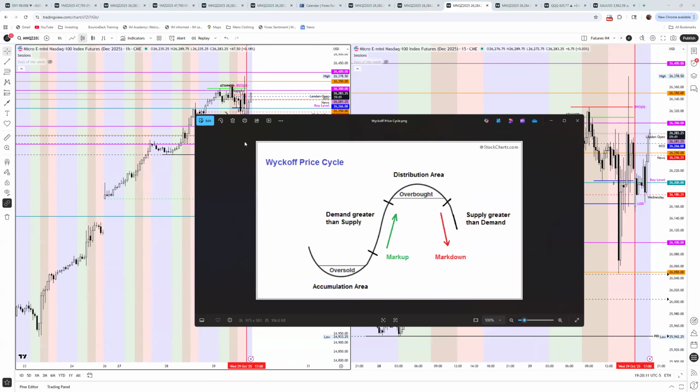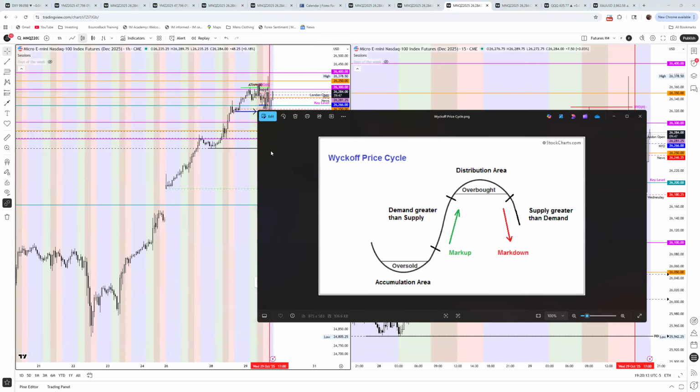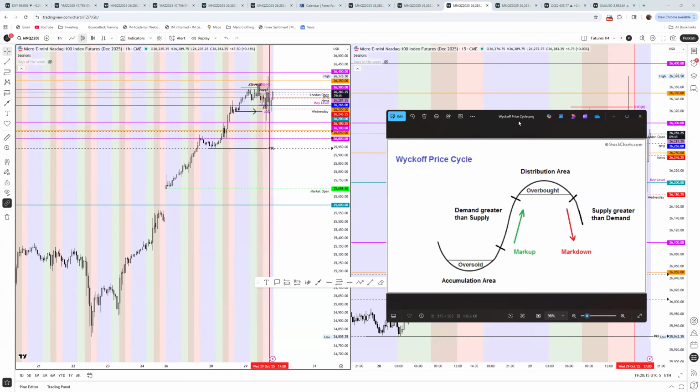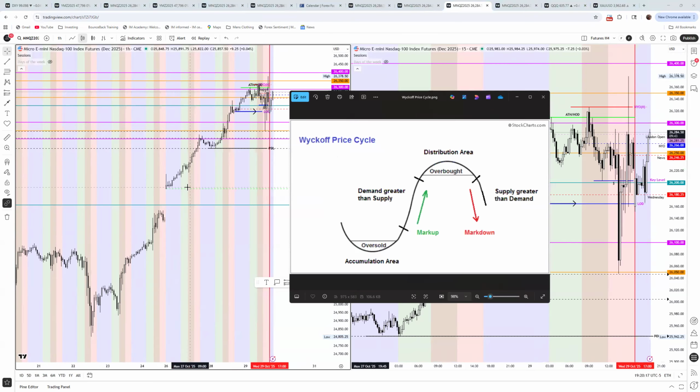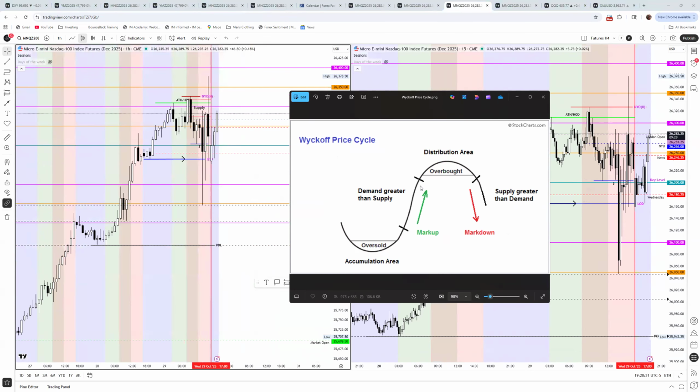Okay, so the market's going to move in four phases. If you look at the Wyckoff phase here, you can see from the market open, we had bought up all of Sunday and Monday, then this is the open of Tuesday, and all the way into Tuesday into today's open, which is Wednesday. Coming into this market today, if you really look at this diagram, are we oversold or overbought?